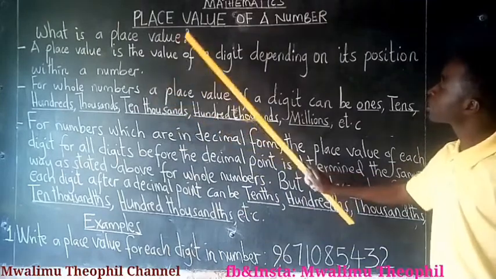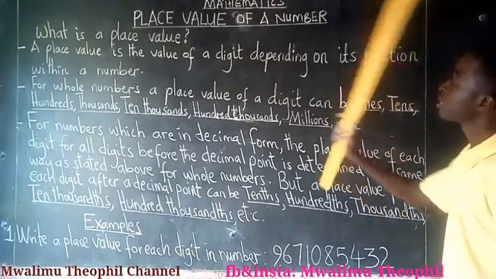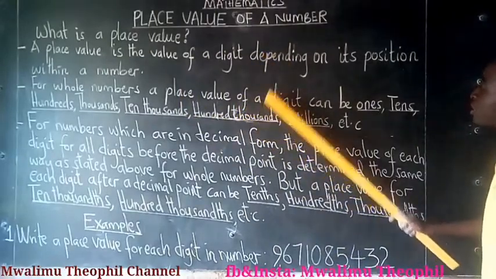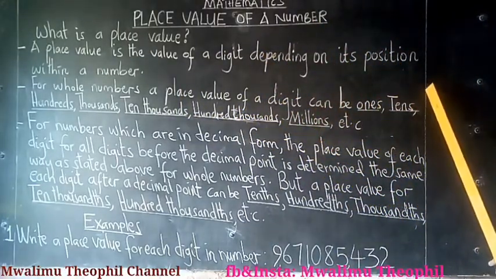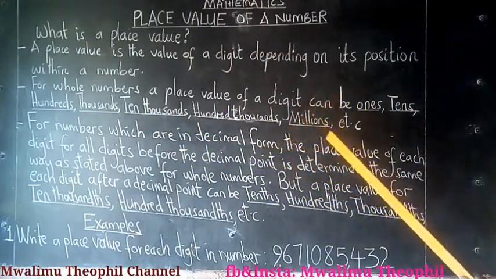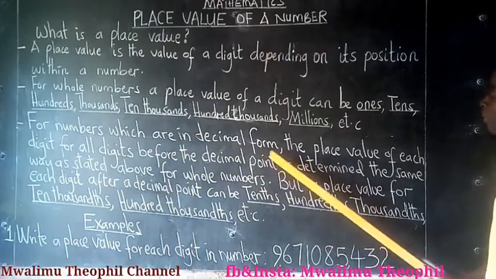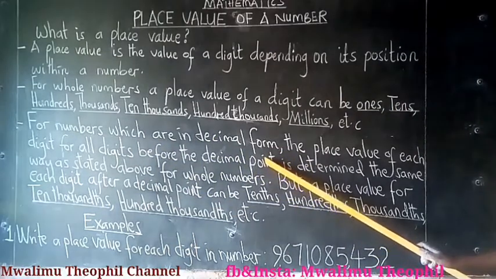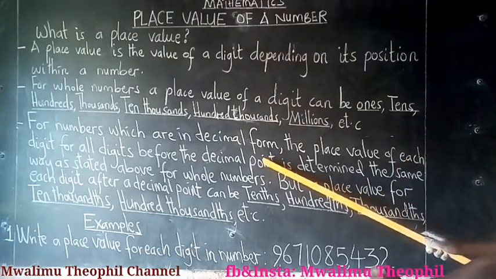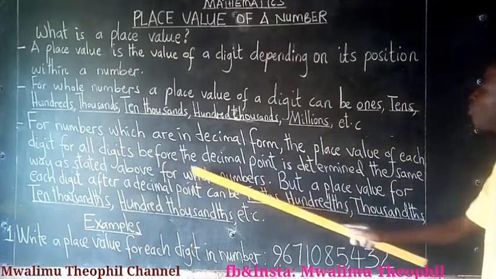For whole numbers, the place value of a digit can be ones, tens, hundreds, thousands, 10,000s, 100,000s, millions, etc. For numbers which are in decimal form, the place value of each digit before the decimal point is determined the same way as stated above for whole numbers.